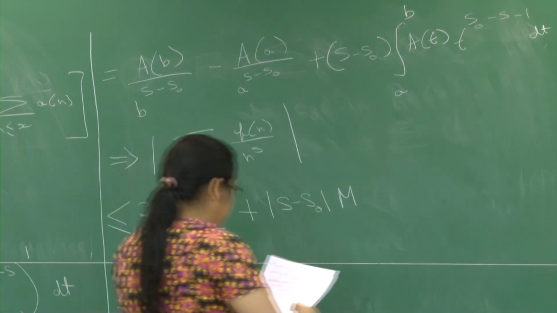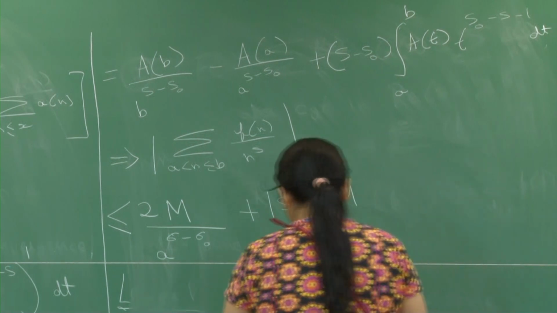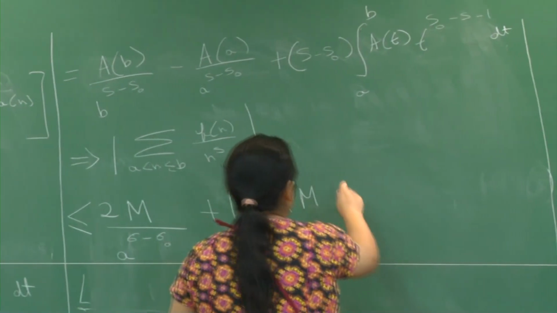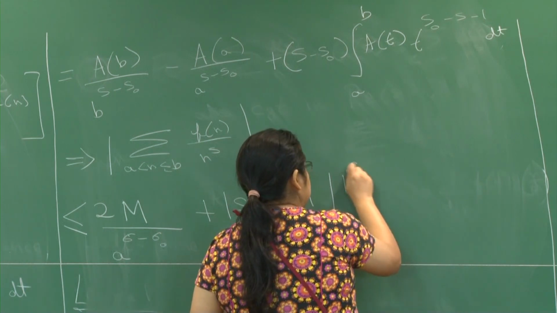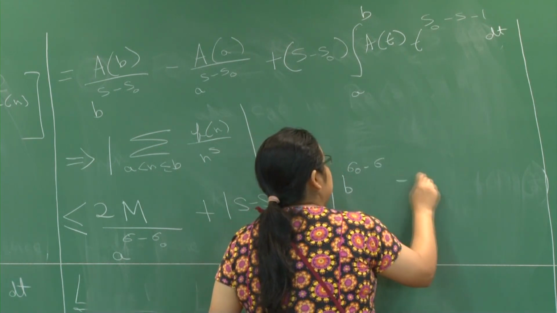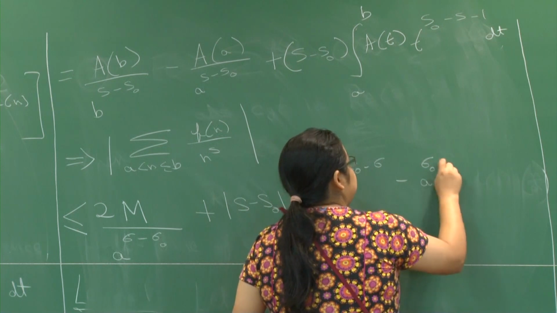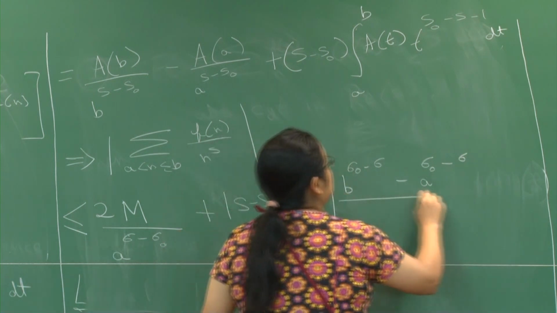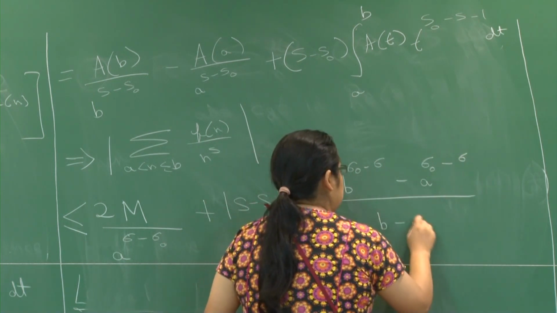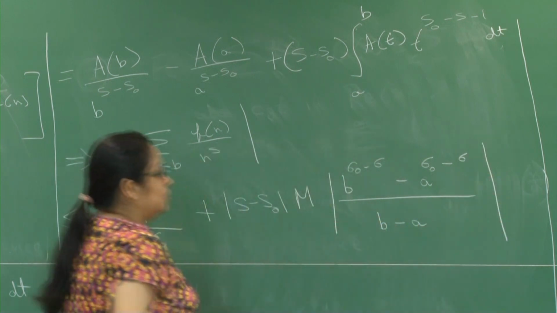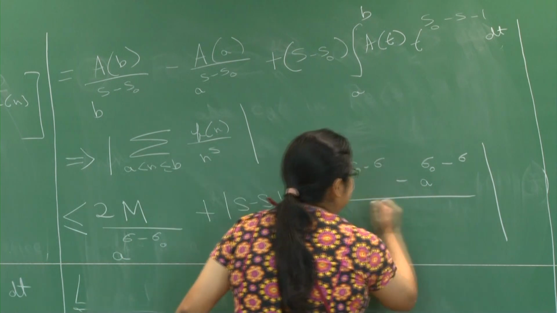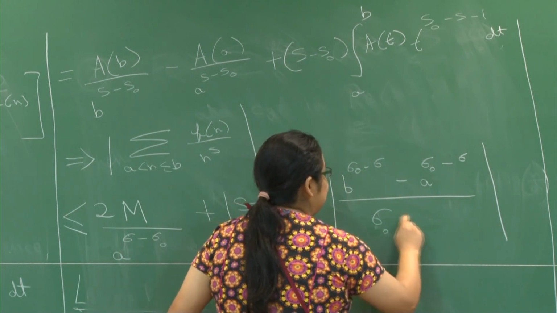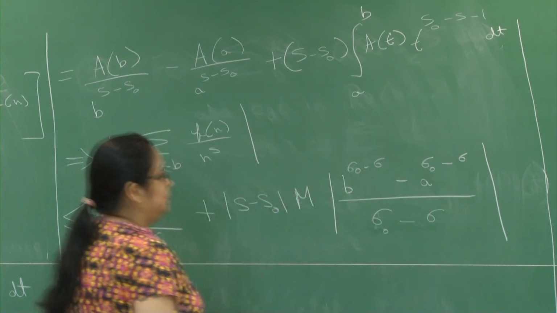Evaluating that integral, you end up getting the absolute value of b raised to the sigma 0 minus sigma minus a raised to the sigma 0 minus sigma.